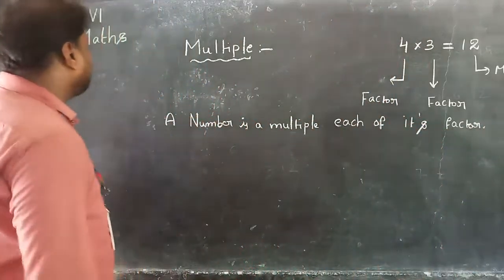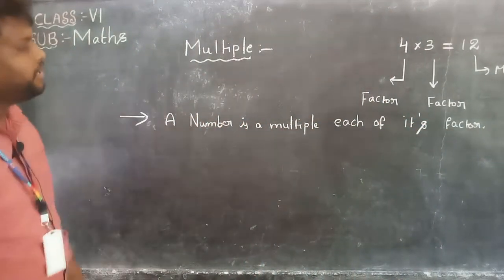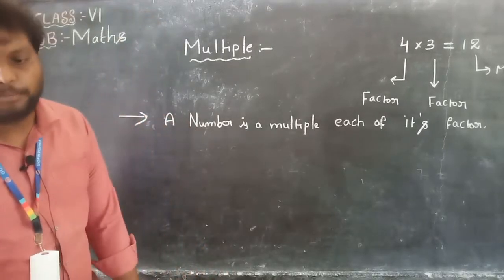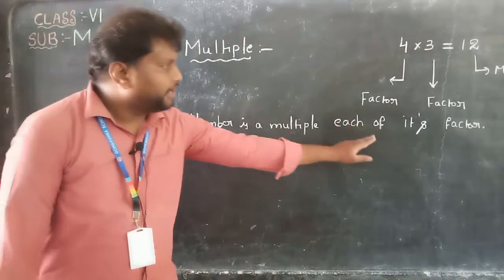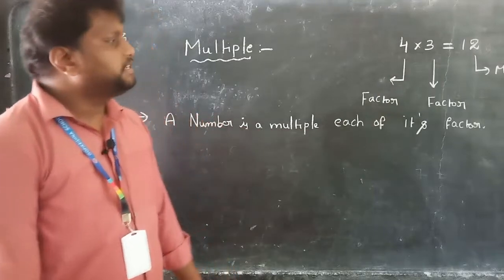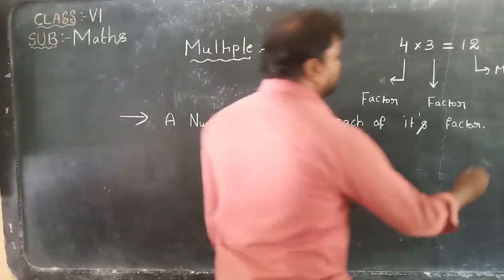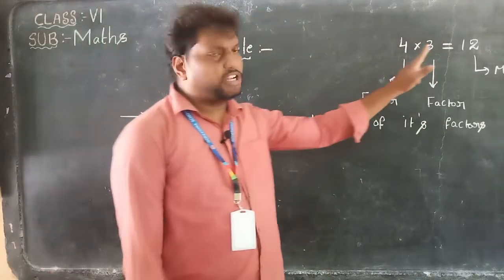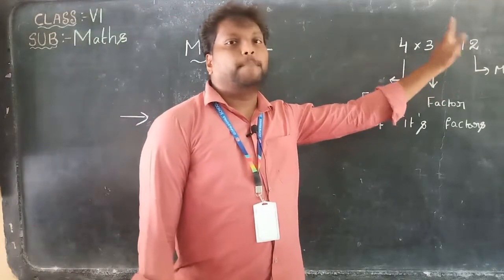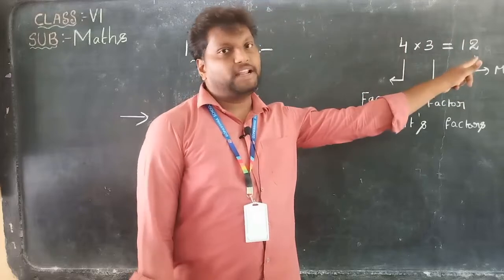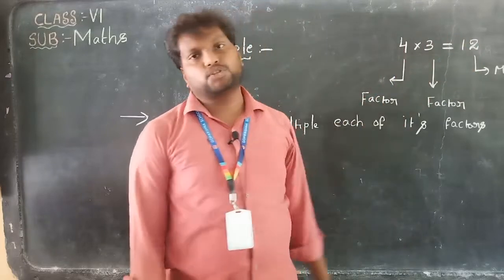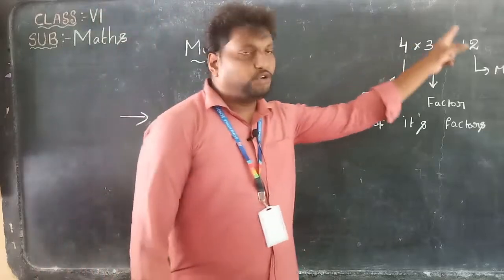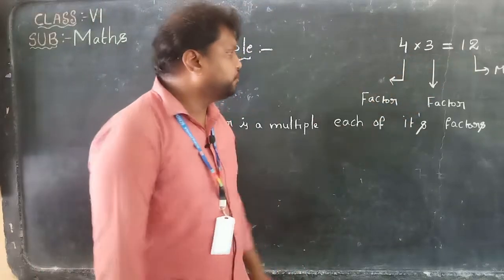This is the definition: a number is a multiple of each of its factors. For example, we can write 4 into 3 is equal to 12. Then 12 is a multiple of 4 and 12 is a multiple of 3 also. 4 is a factor of 12, 3 is a factor of 12.